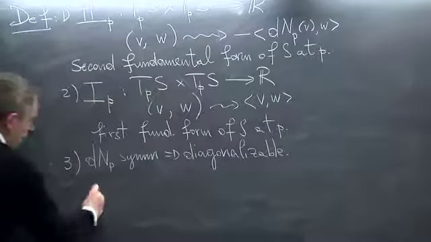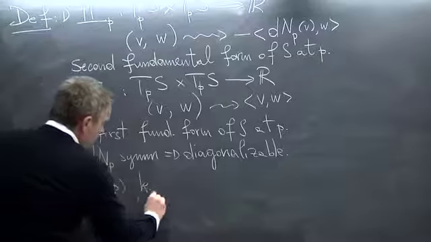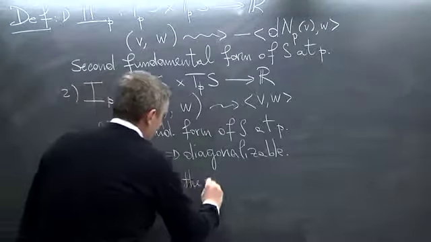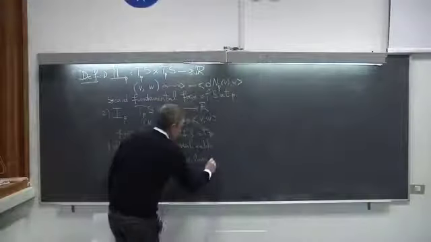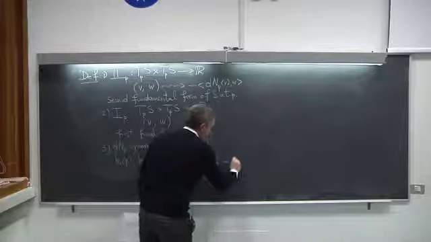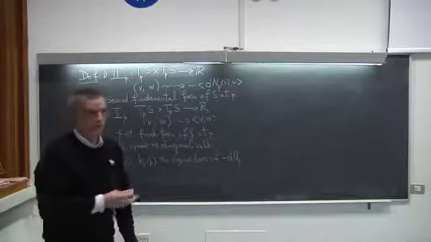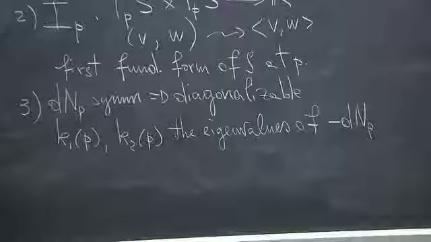So we define k1 of p and k2 of p as the eigenvalues of minus dnp. I mean, of course, if dn is symmetric, also minus dn is symmetric. Okay, this is just a sign convention.